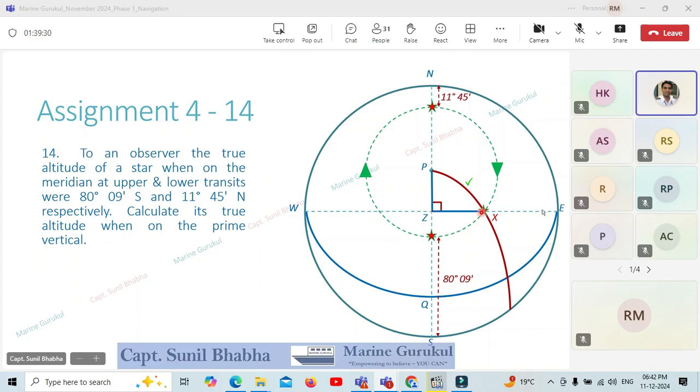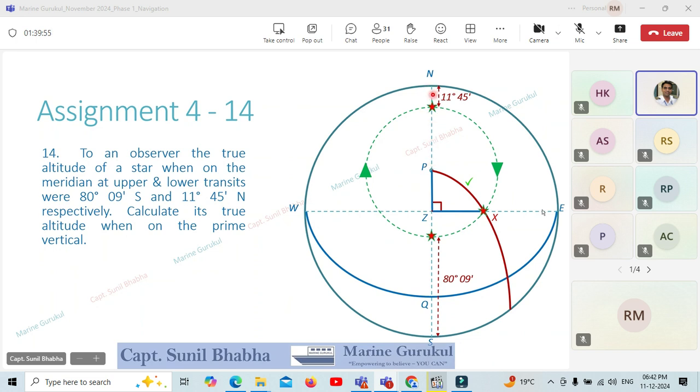Now once the polar distance is known, you can follow the laser pointer on the screen. Pole to this particular star is the radius of this circle, which is the polar distance. Once it is known, we can add polar distance and 1145. When we add the polar distance and 1145, we get the value of NP.